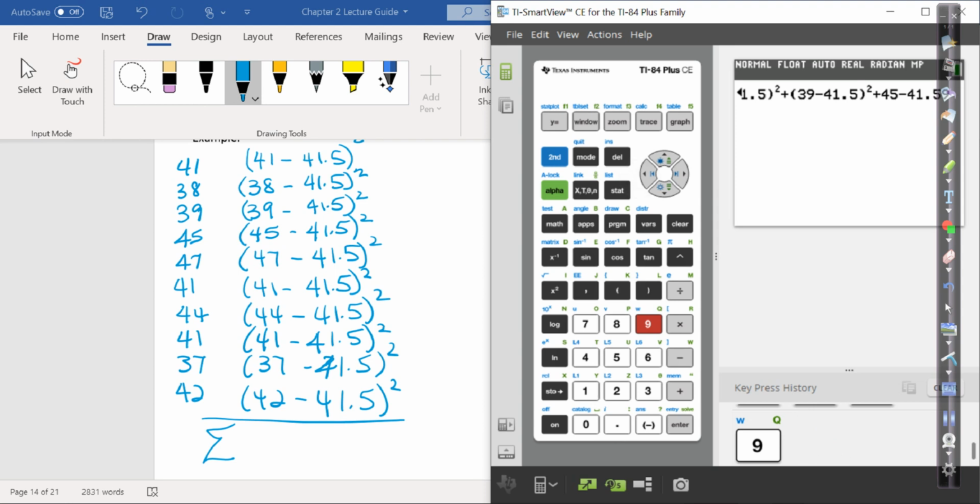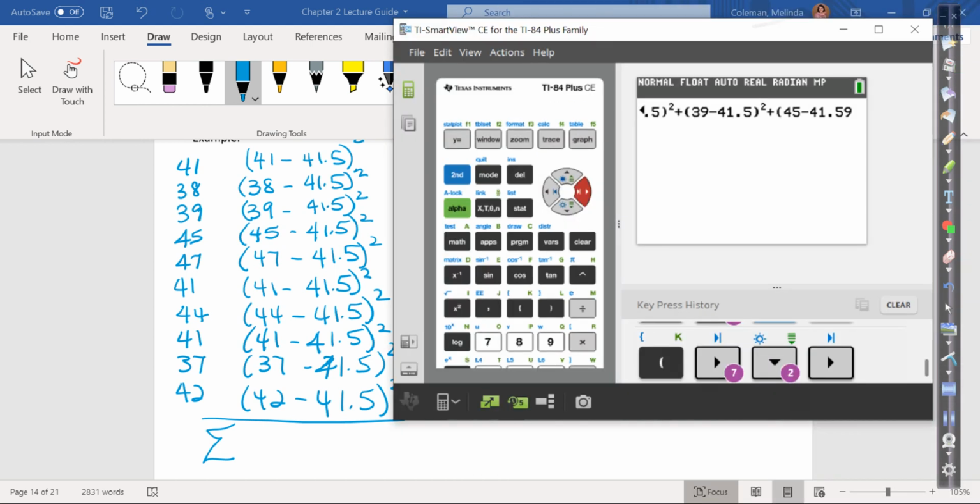Oops. Now see, I forgot a parenthesis. So if you forget a parenthesis, we're going to go back. If I go right here and I hit second insert or second delete, it'll insert a parenthesis when you miss it. And you will miss it, so keep an eye on what you're doing.